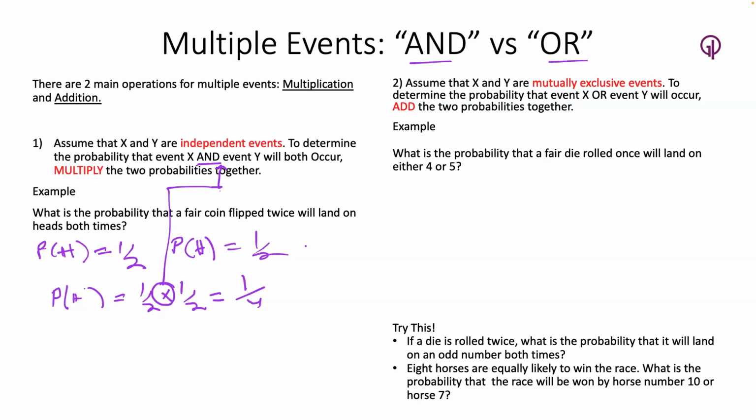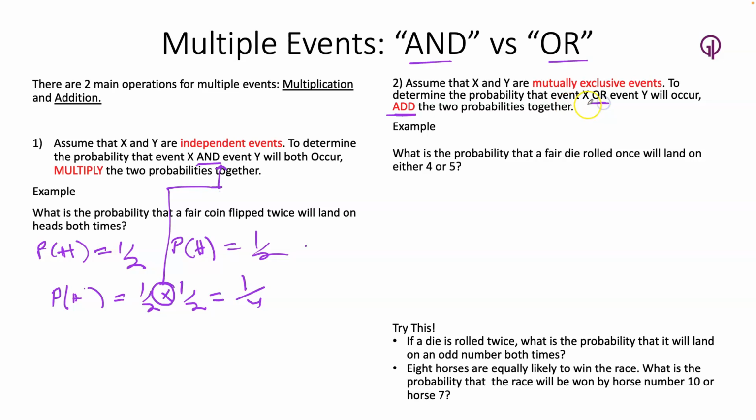For example, if you flip a coin, you cannot land on heads and tails at the same time. It will be either tails or heads.